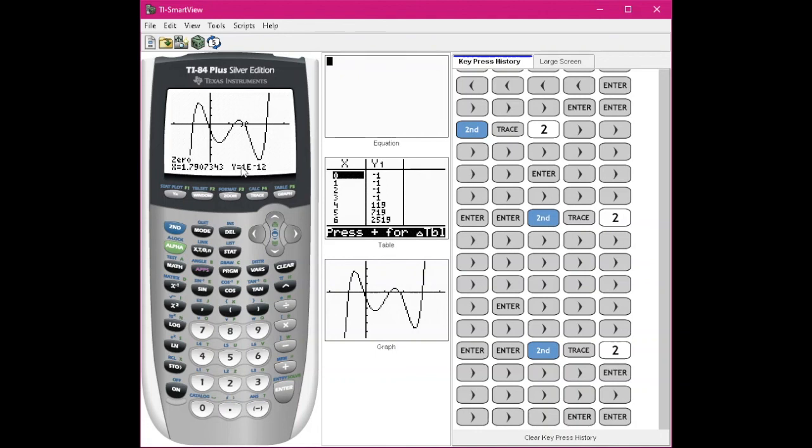So when you see this, just assume you're looking at the number 0. So this 0, or this x-intercept, is at 1.79. X equals 1.79.